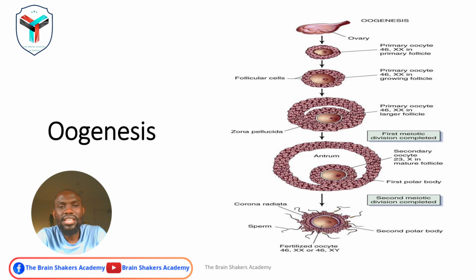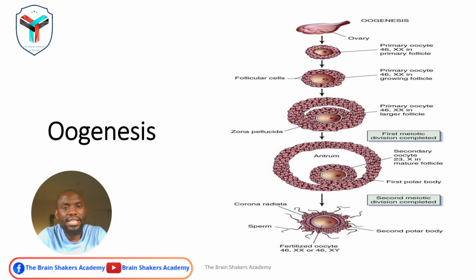The oogonia in the ovary will enter the first meiotic division and undergo DNA replication to form the primary oocytes. By the fifth month of fetal life, the primary oocytes are well formed, and hence there is no further oogonia, which makes the baby that is born contain no oogonia, but rather primary oocytes.